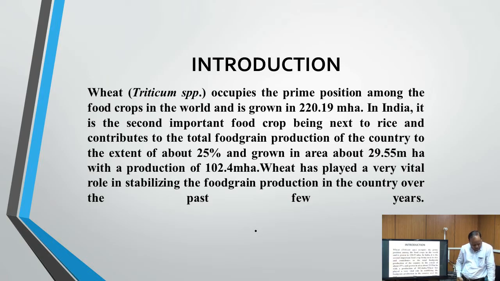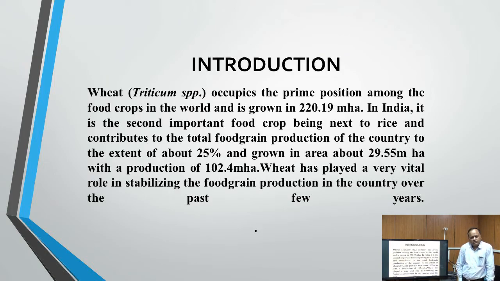And dear students, wheat is such a type of crop which ensures our food security for India. As you already know, the Green Revolution in India took place in the 60s and 70s.